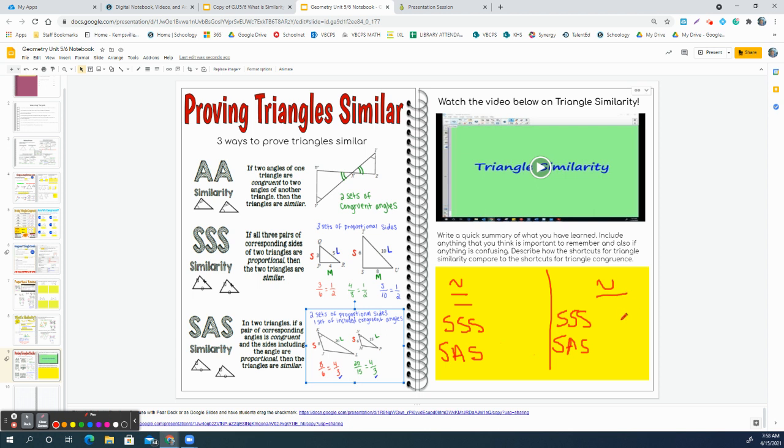For similar, you can do angle, angle. That's different. And for congruent, you can do angle, side, angle, angle, angle, side, or hypotenuse, leg. Did I already do it for you?